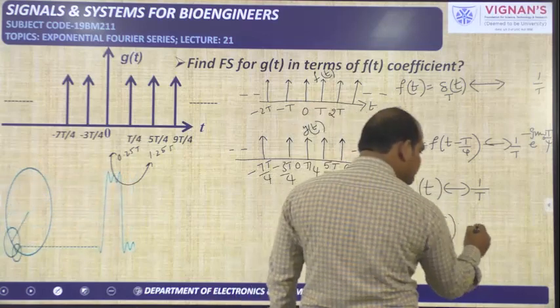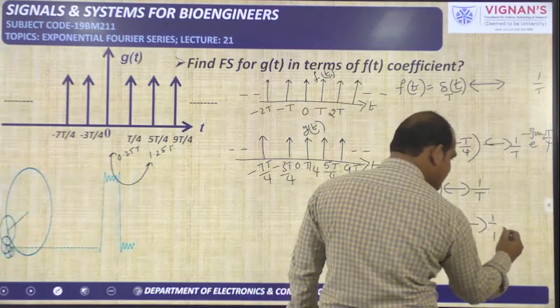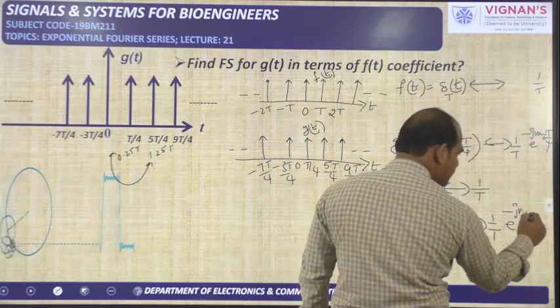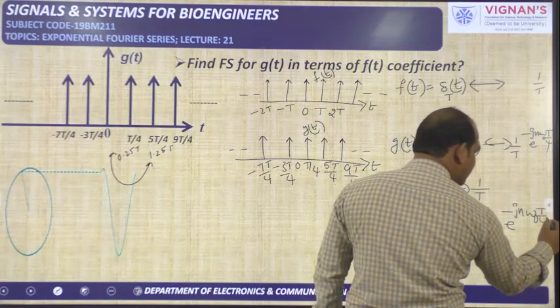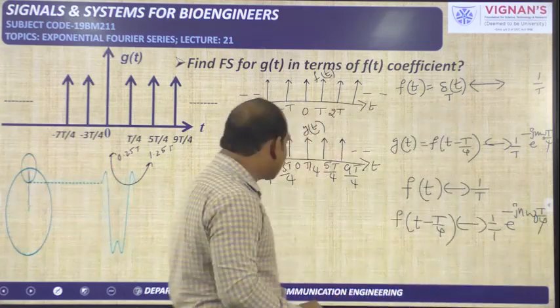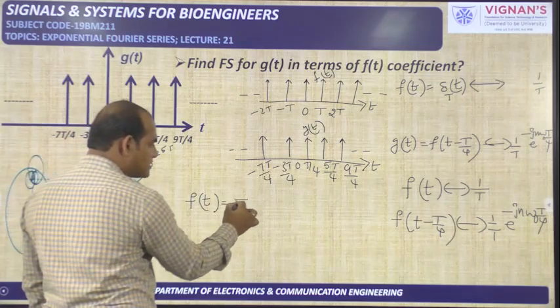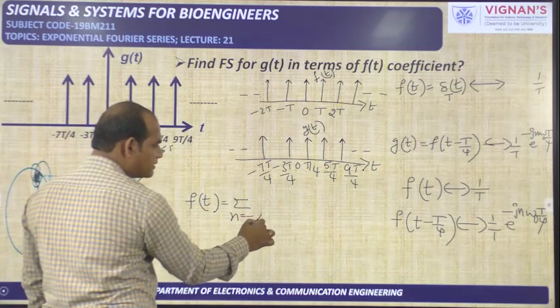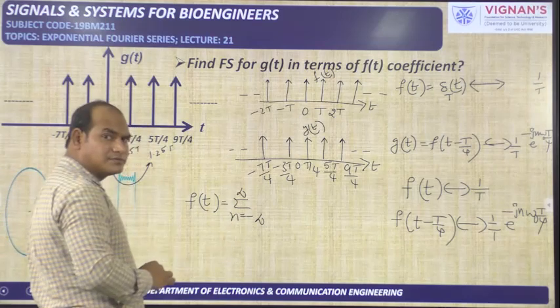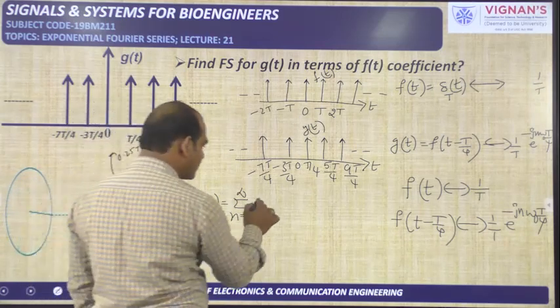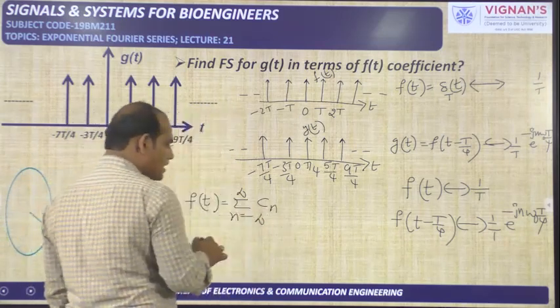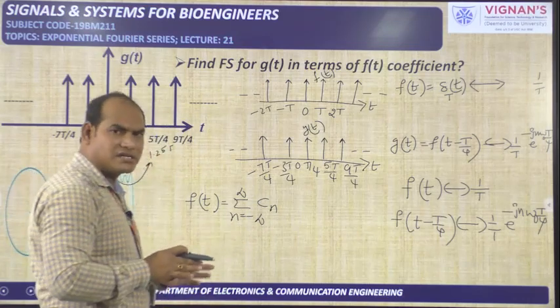Because of this shifting only, you got here exponential e power minus jn omega naught into capital T by 4. If you see all the expressions, don't confuse here because it is the starting thing, you will get some confusion. Okay, but try to avoid that one, listen carefully. We have just started the Fourier series now.